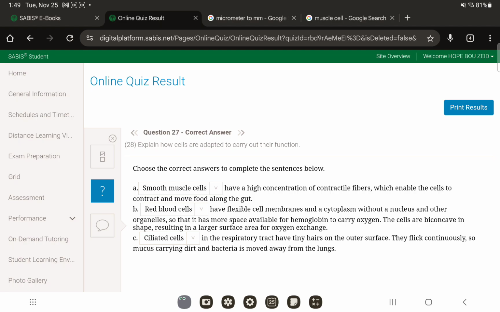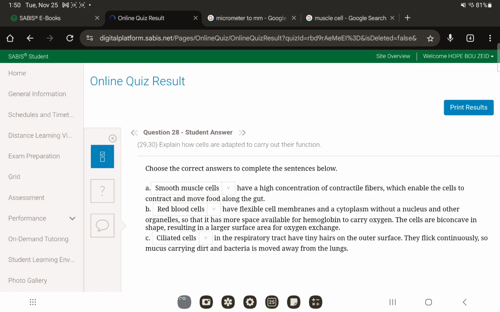So basically, ciliated cells are cells that have little hairs, and their only job is to make sure that the mucus within the trachea or respiratory tract does not go inside of the lungs, because the mucus is what stops dirt and bacteria from going inside of the lungs. If the mucus goes inside of the lungs, so would the bacteria and the dirt, which is very bad for your lungs.